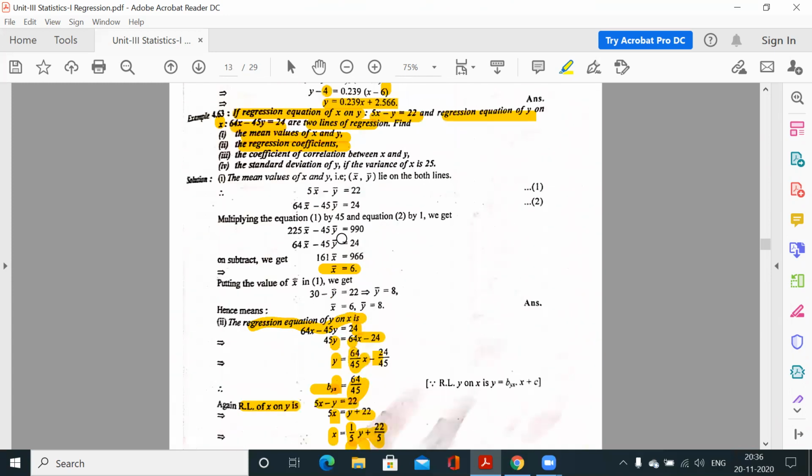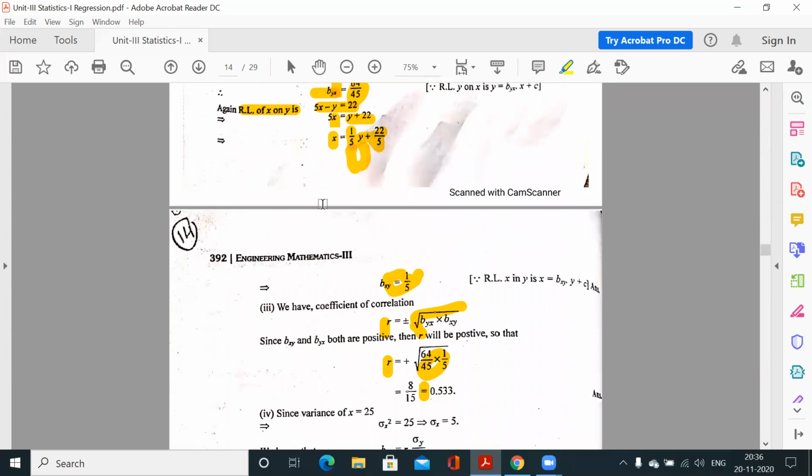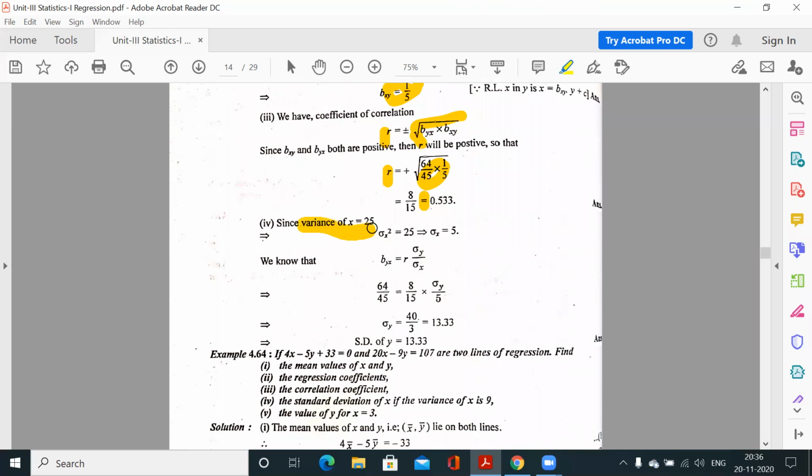And the next question is, what is the standard deviation of y if the variance of x is 25. So the variance of x is given, which is 25. What is the relation between variance and standard deviation? Variance is the square of standard deviation.